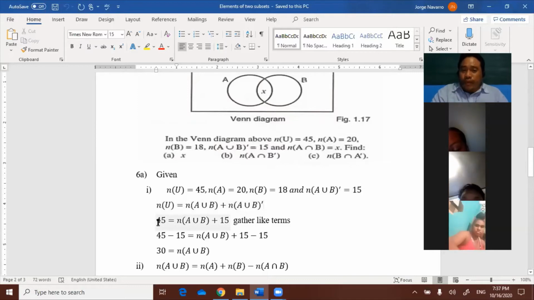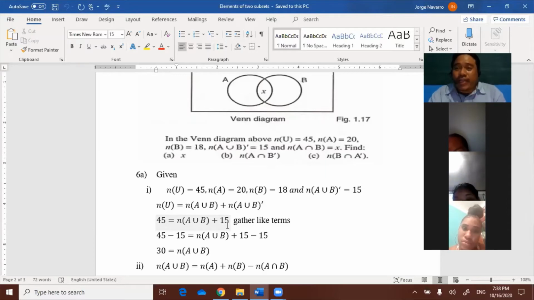So the number in the universal set from the information is 45. So the whole thing is 45 equals the number in A union B, we do not know, plus the number outside the circles, which is 15. All right? That is all we know right there.